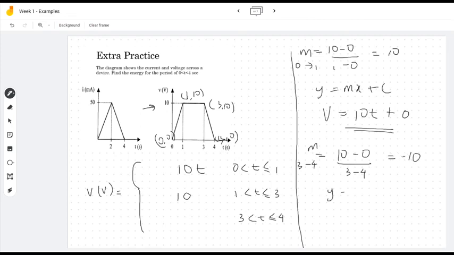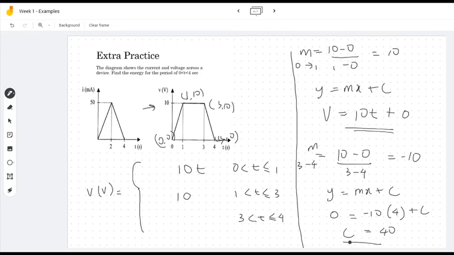Now I need to find my c, my y-intercept. mx plus c. Let us substitute with 4, 0 here. When my y is 0, my m is negative 10, my x-axis is 4. What is my c? My c is 40.